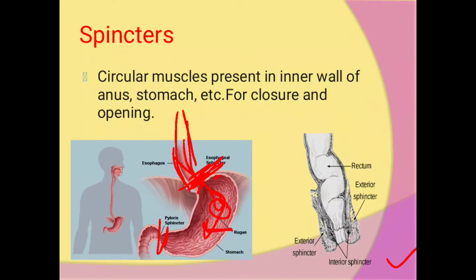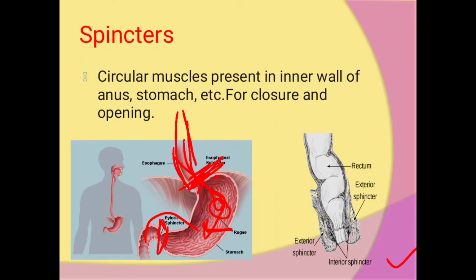But remember this: whenever there is any problem with the sphincters, there is a chance of vomiting. The same function applies to the pyloric sphincter, which prevents the food material from re-entering the stomach. For that purpose sphincters are present.